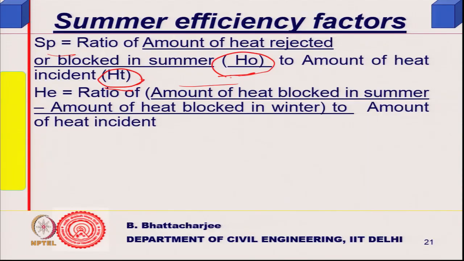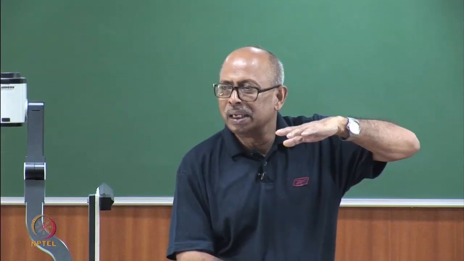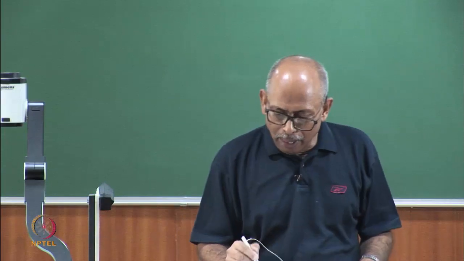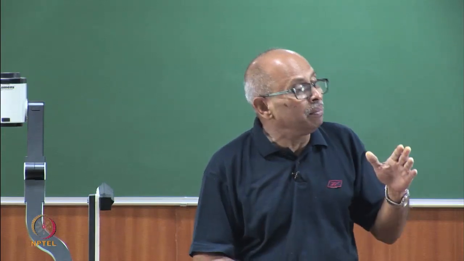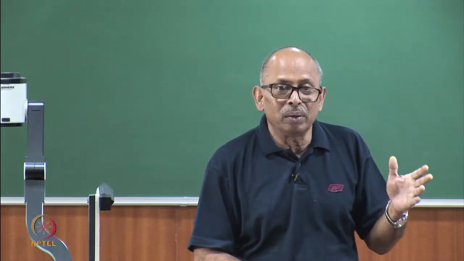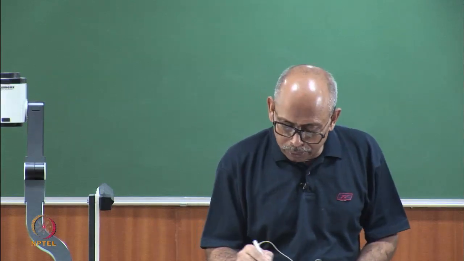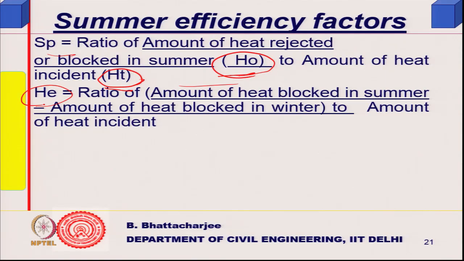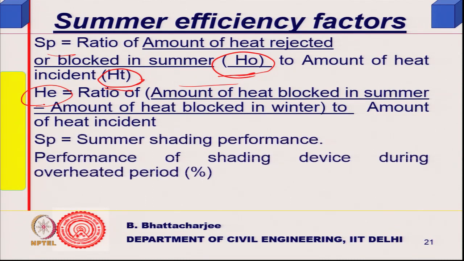This is the amount we reject during summer. We are blocking, because if you have a shading device, it will block, but at the same time it will block some winter heat coming in also. So net, if you look at it, then we define it as HE, right.